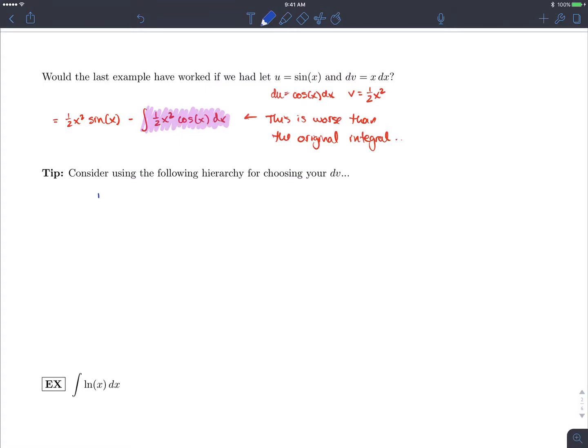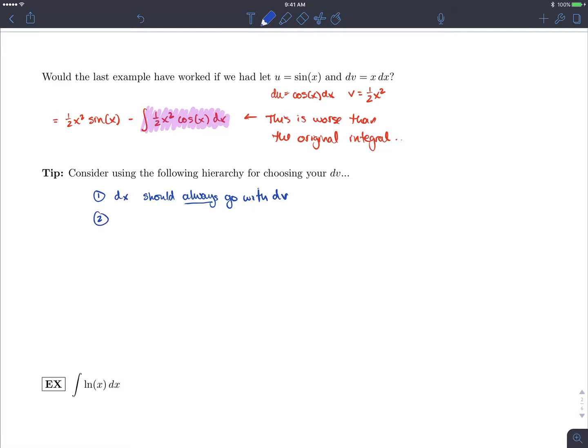So our first choice for dv should always be the dx. So dx should always go with dv. And sometimes that's the only thing that goes with your dv, as we'll see in some examples.